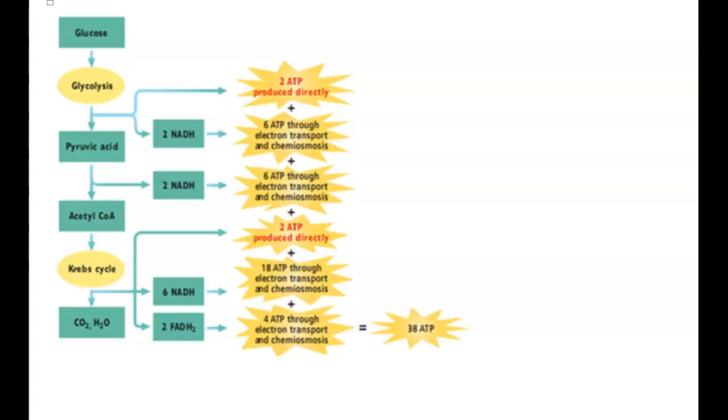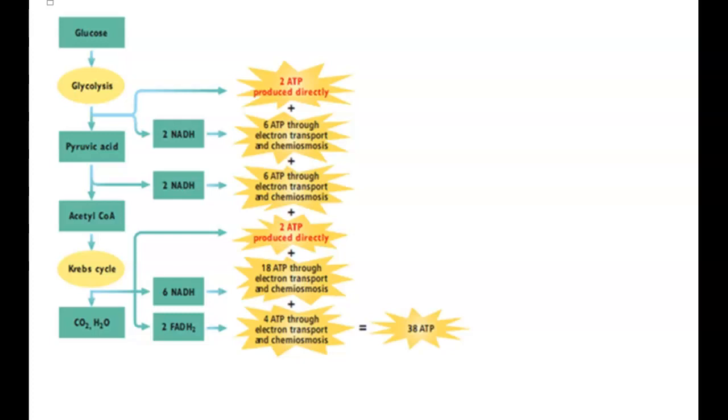So let's review one more time. We can break down glucose 2 different ways: with oxygen or without oxygen. With oxygen, aerobic respiration. Without oxygen, anaerobic or fermentation. Aerobic involves all these steps that you see right here.